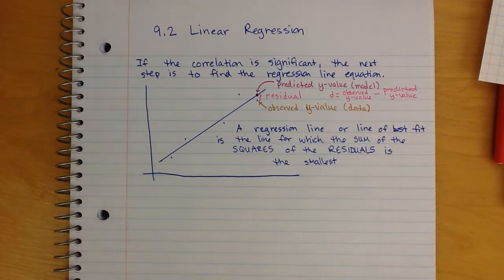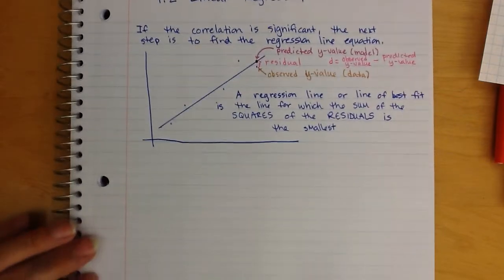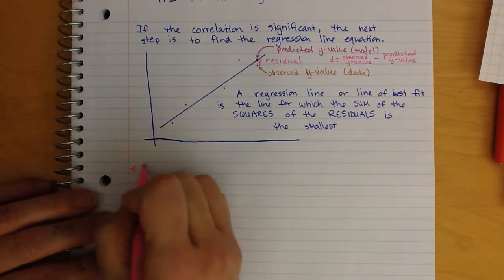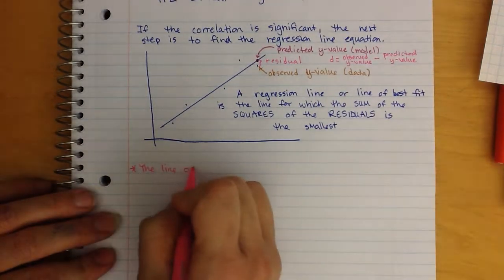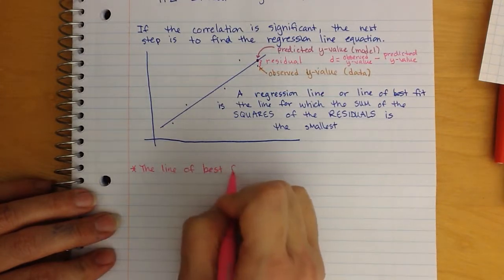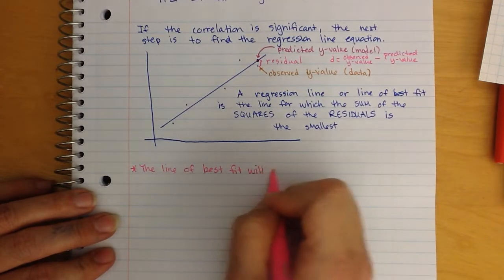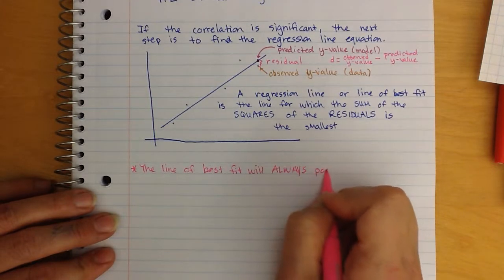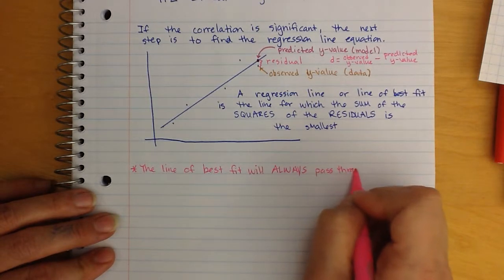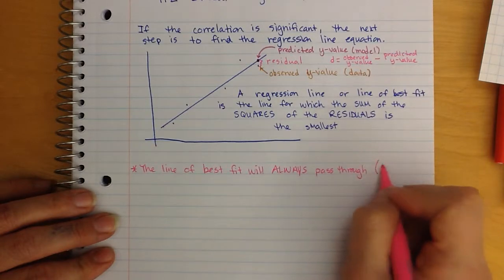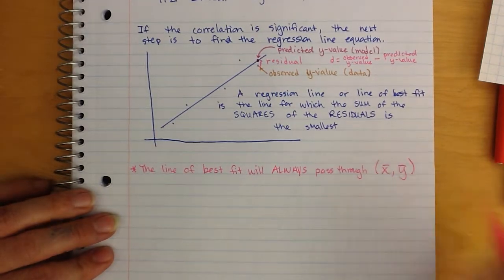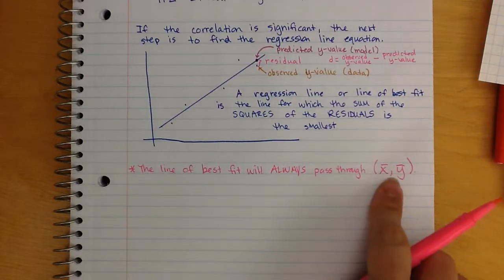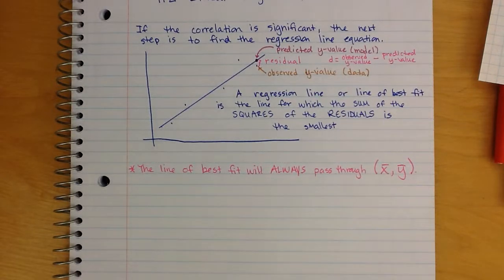One way for us to graph our line of best fit is to know that the line of best fit will always pass through x bar, y bar. So this is going to be a point that we can always have on our regression line.